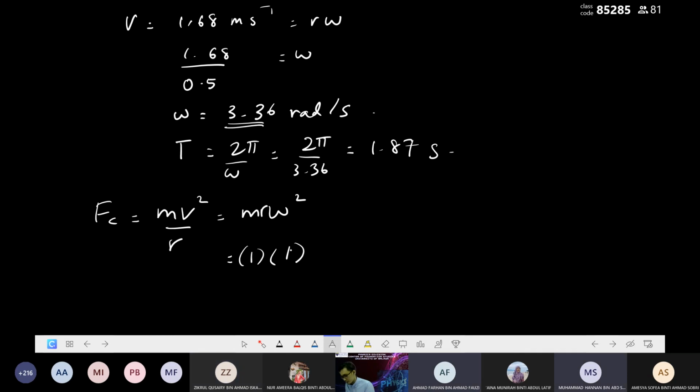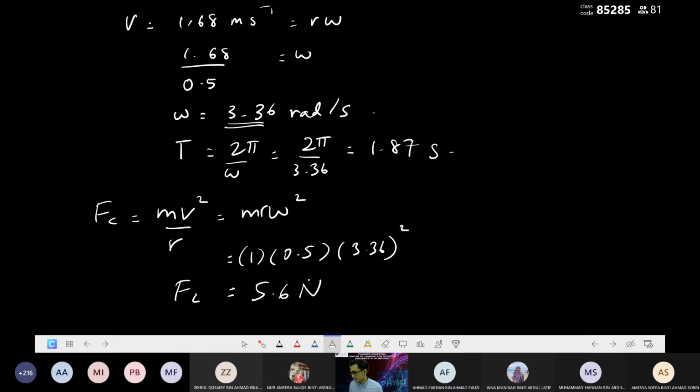Radius is 0.5 and omega is 3.36 to the power of 2. Jadi FC adalah 5.6 Newton.